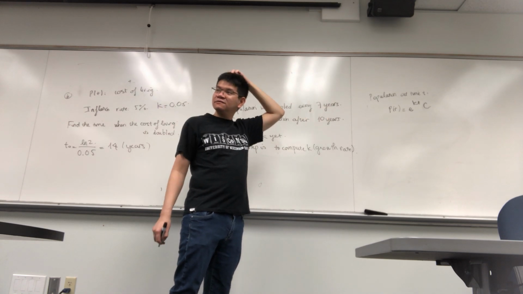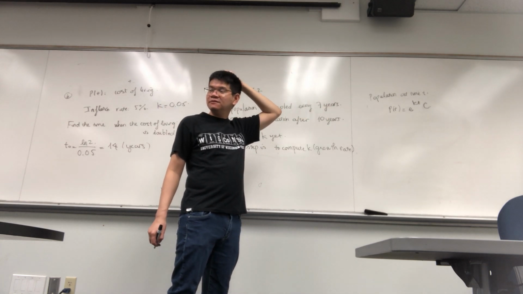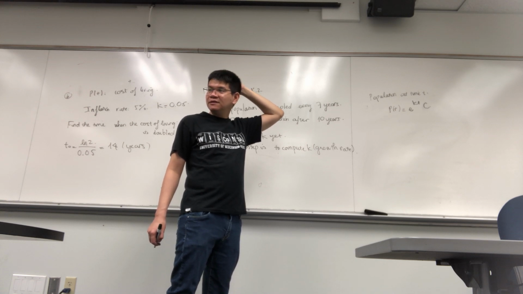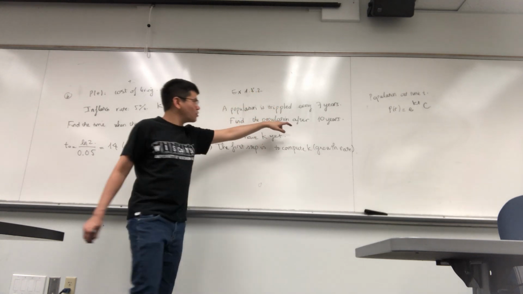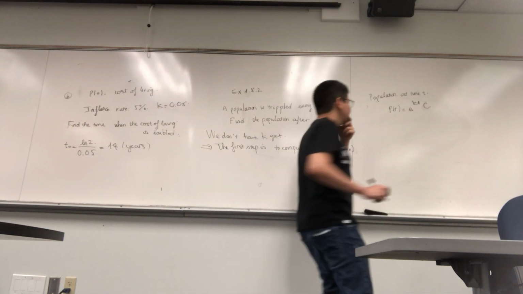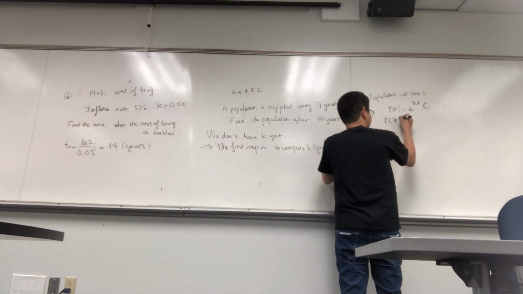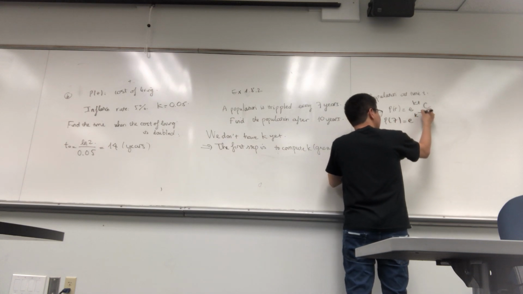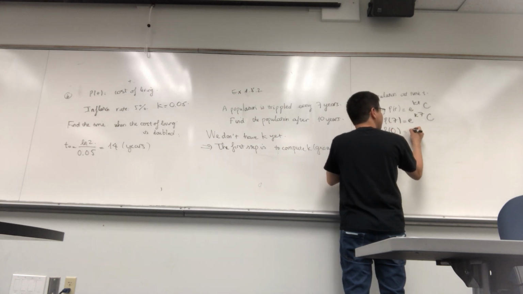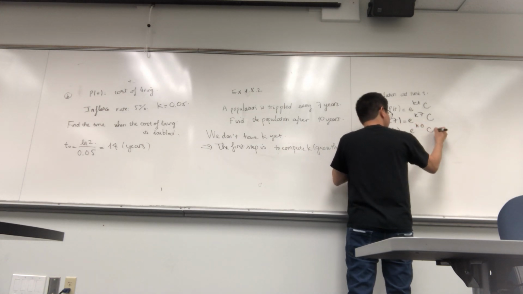Yes? When t equals 0, we can get P0 equals c. And then P(t) equals 3c. Yes. So you're gonna compare P7 and P0, right? Can you sign at the back of the page, please? So P7 will be e to the k 7 c, right? P0 is e to the k 0 c.